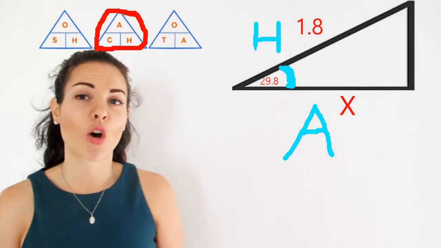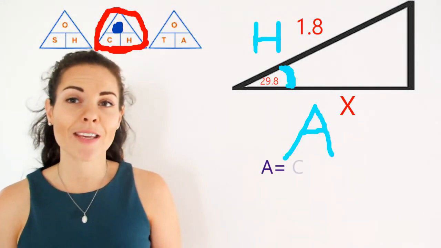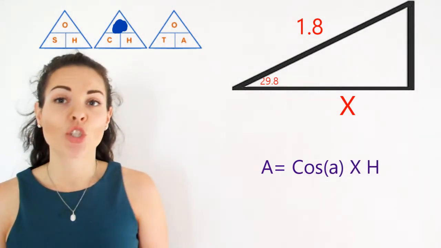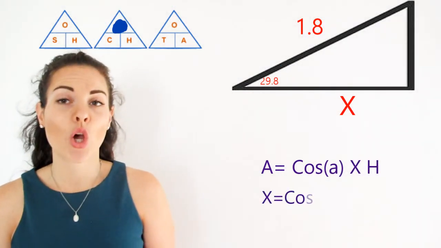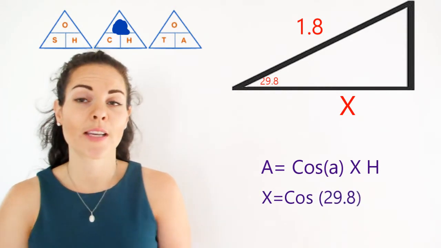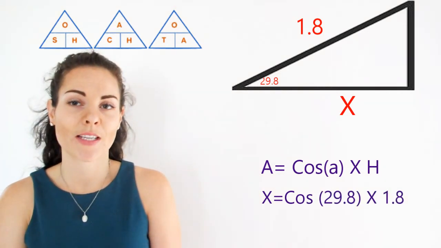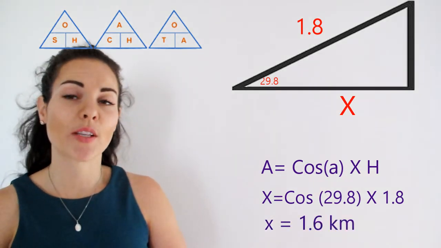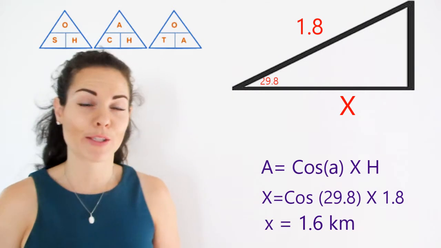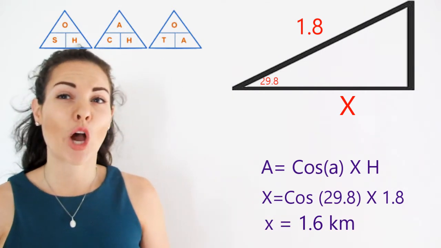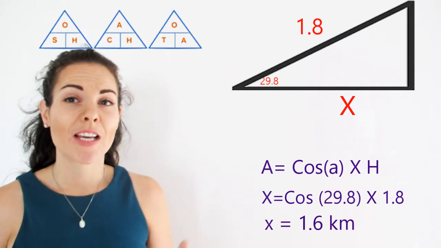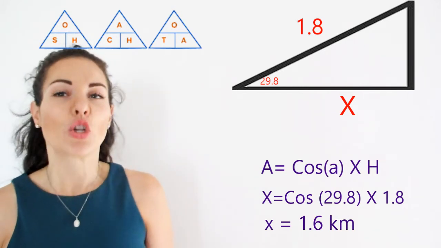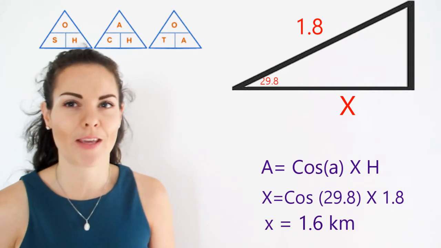So if I put my finger on A, we'll see that A equals cos of the angle times H. So in this case, A equals cos of 29.8 times 1.8. And if I put this in my calculator, I'll get that the adjacent side is 1.6. Now, this might seem a bit small, but you can see that the hypotenuse is 1.8, so the other side, the adjacent or the opposite, has to be less than this. So 1.6 seems about right here.